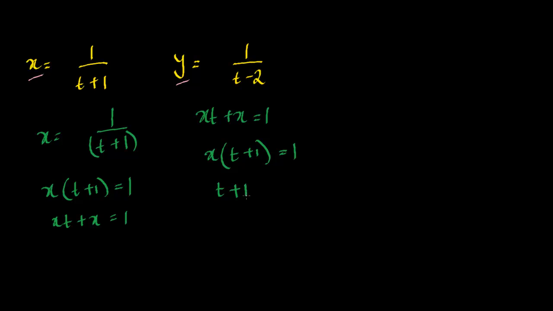So t plus 1 is equal to 1 over x, because if we divide both sides by x, the x will become the denominator of 1. So what we get here is something like this. t is equal to 1 over x plus 1. That's it. That's really it.